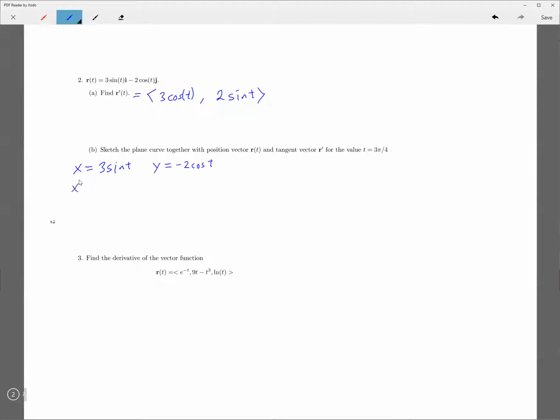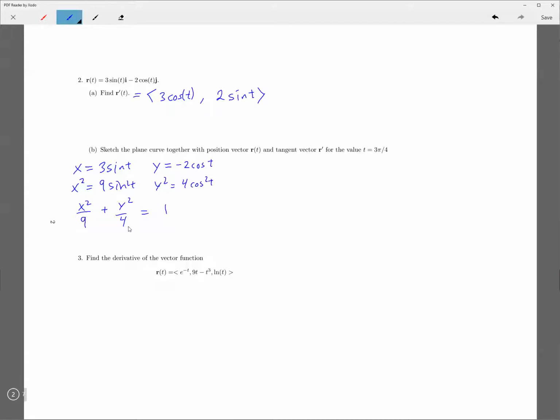Well, if you take x squared, you're going to get 9 sine squared t. And if you take y squared, you're going to get 4 cosine squared t. If you divide x squared by 9 and you divide y squared by 4, then that's just going to be equal to 1, because this becomes sine squared and this just becomes cosine squared.